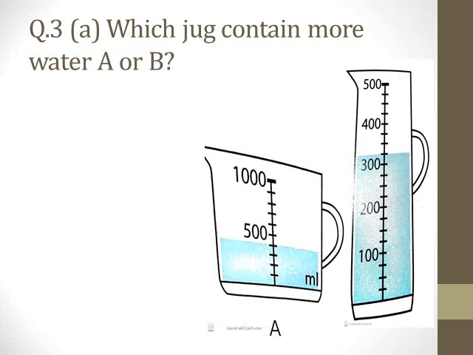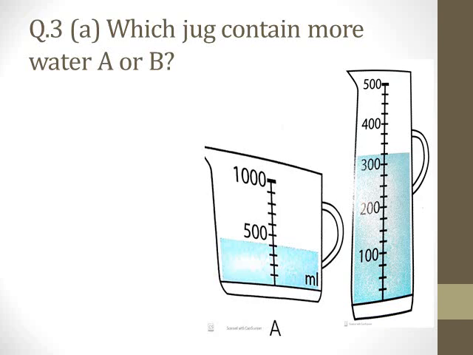For this I need to know the one interval value, how many milliliters of water one interval can contain. Because 5 intervals have 500 milliliters, when I divide 500 by 5, I will get the one interval value. 500 divided by 5 equals 100. That means one interval equals 100 ml.